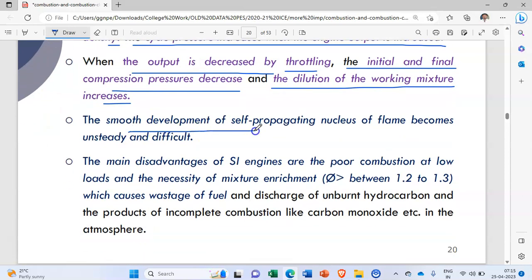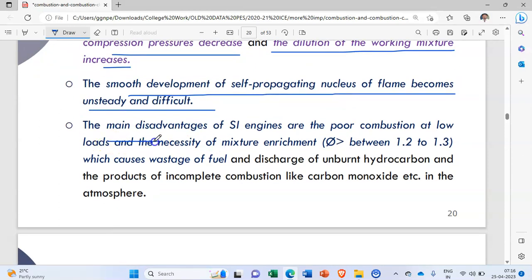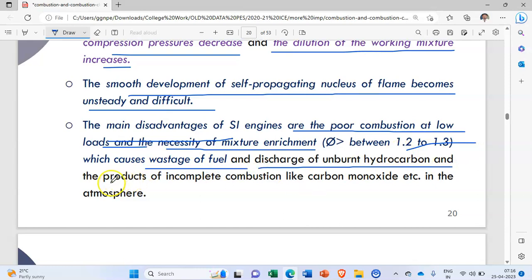The smooth development of the self-propagating nucleus of flame becomes unsteady and difficult. The main disadvantages of the SI engine are the poor combustion at low loads and the necessity of mixture enrichment, that is 1.2 to 1.3, which causes wastage of fuel and discharge of unburned hydrocarbons and the products of incomplete combustion like carbon monoxide, etc., in the atmosphere.